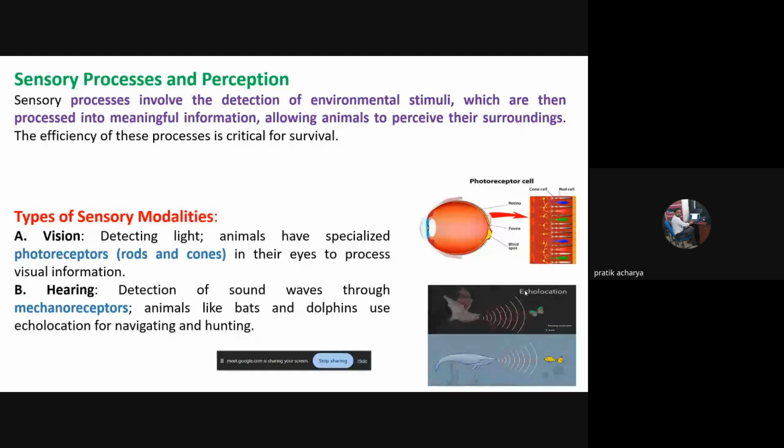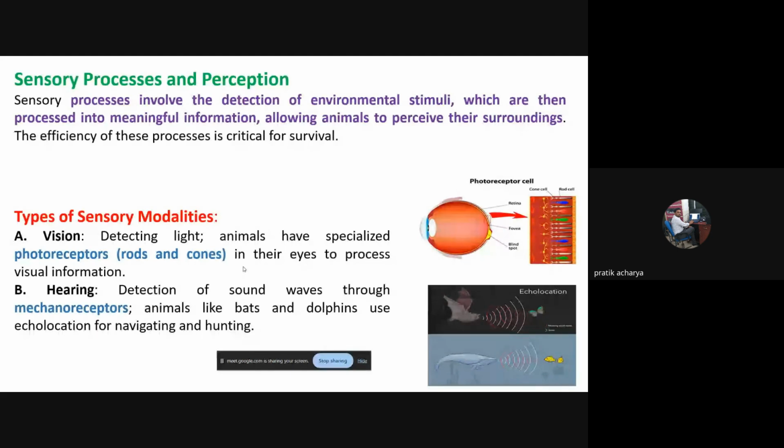If we are talking about vision, what are the sensory cells present in the eyes for detection of environmental stimuli? Here the pictorial presentation is given: cone cells and rod cells. They are responsible for detection in light and dark conditions.